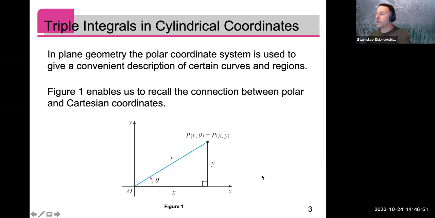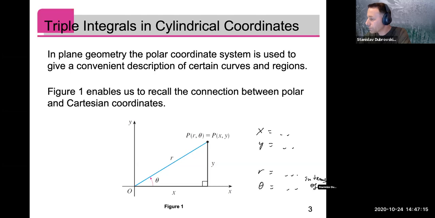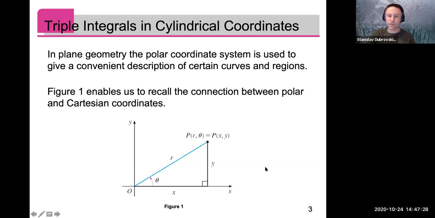But just in case you've forgotten your polar coordinates, let's quickly review. So these are the pair x and y, which are related to r and theta. How? Go ahead and write the formulas for x and y in terms of r and theta, and then r and theta in terms of x and y. Okay, if you don't have them, put it on pause; if you have them, then check.